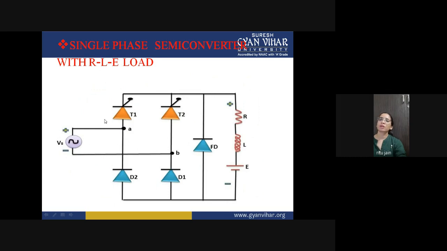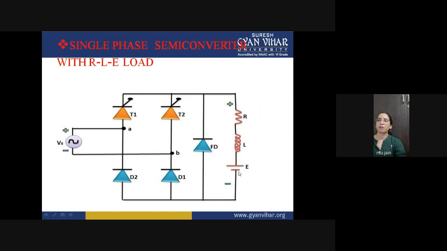When you disconnect the supply, or negative voltage appears across T1 and D1, because of the inductor and this battery, what is happening? The energy which was stored by this inductor during the positive half cycle, it will start to release this energy, and this battery will behave like a source.